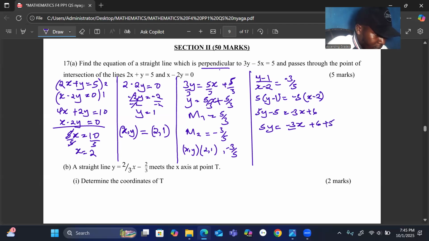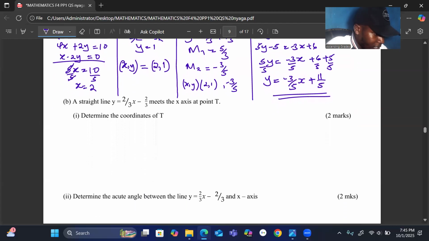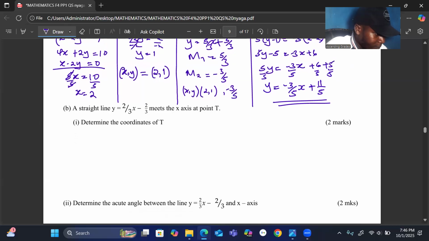So I divide by 5, so y will be equal to negative 3 over 5 x plus 11 over 5. So this is now the equation of our straight line which is perpendicular.